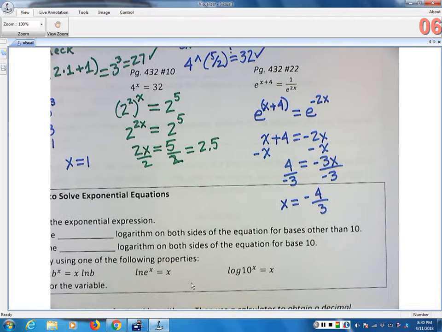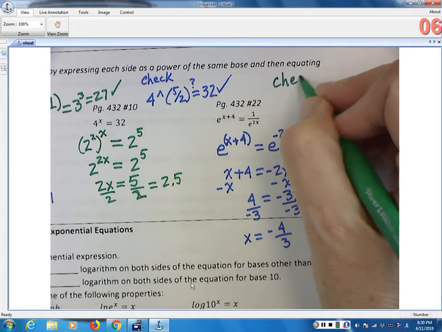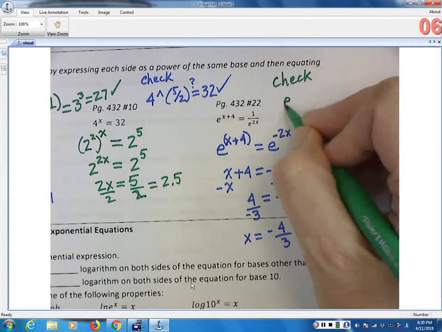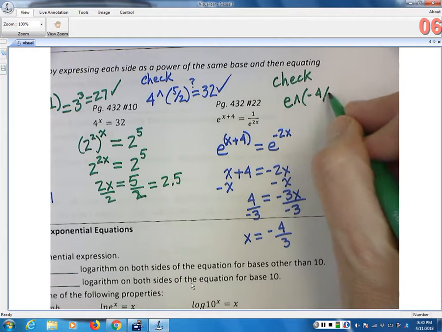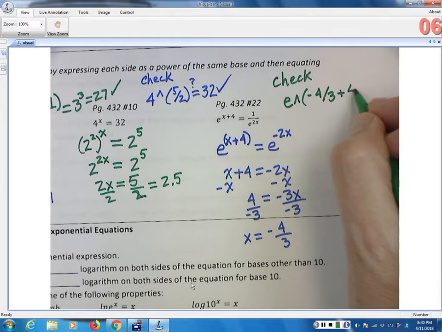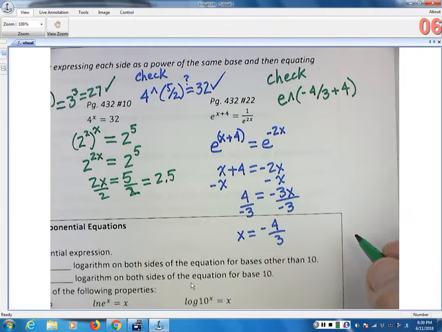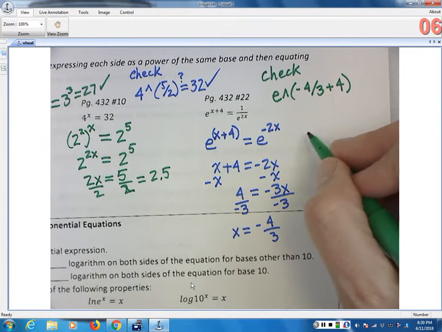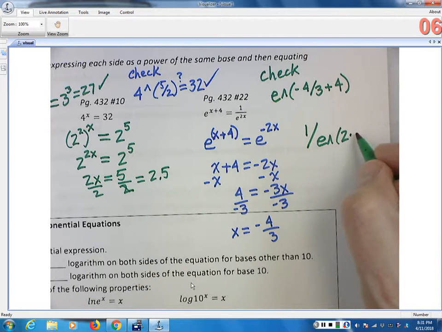Okay, now we can check. We can put e to the negative 4 divided by 3 plus 4 in our calculator. And then we can also put in 1 divided by e to the 2 times negative 4 divided by 3.